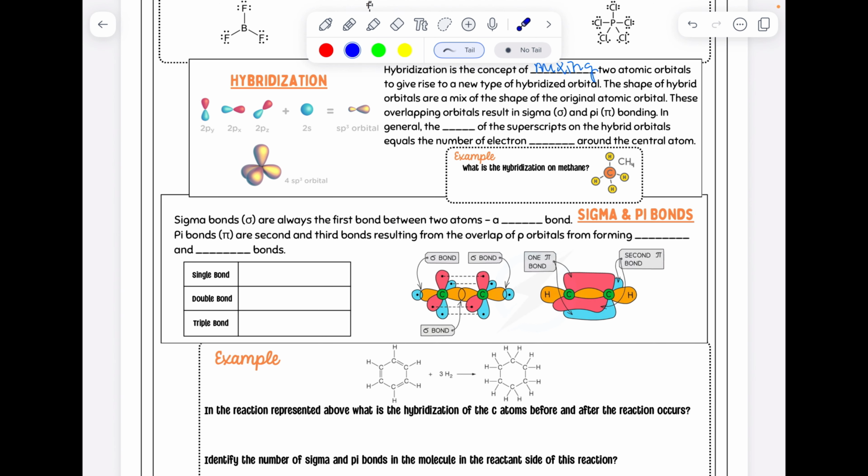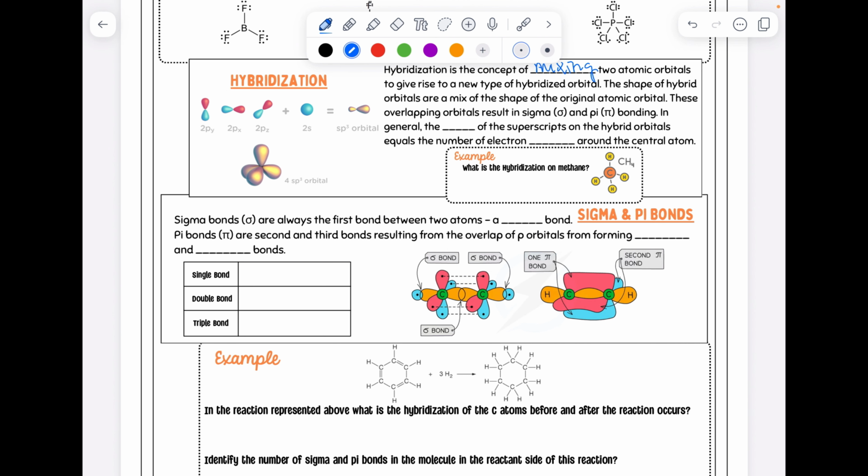So you'll see over here, these are the shapes of the original orbitals on the atom, and then when they bond, they make these hybrid orbitals. So these overlapping orbitals result in a sigma or pi bond.